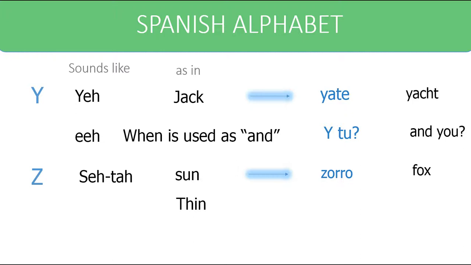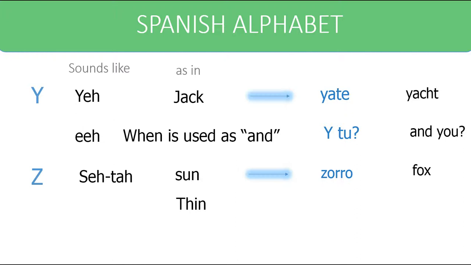If you're in Latin America, the pronunciation commonly used is "zeta," just as the S. An example will be the word "zorro," that means fox.